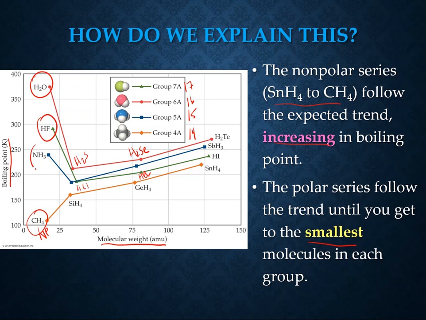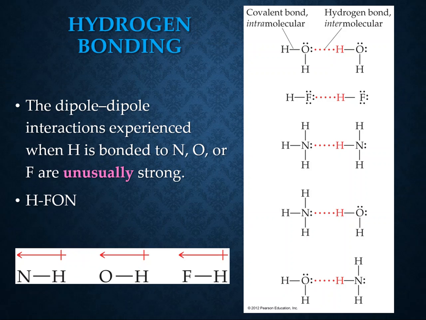Water, hydrogen fluoride, or ammonia. They do not follow the trend at all. They have wacky higher boiling points in comparison to the rest of their group. Now we need to talk about why that is. That is because of hydrogen bonding. The specialized dipole-dipole interaction that's unusually strong. And it only takes place between these four elements.